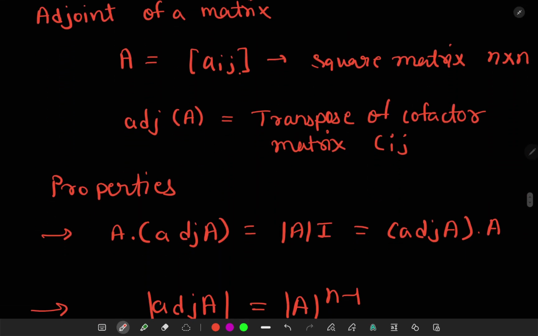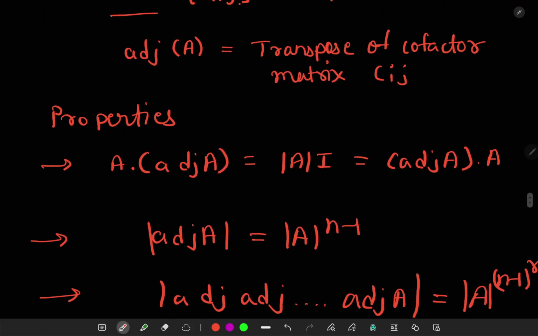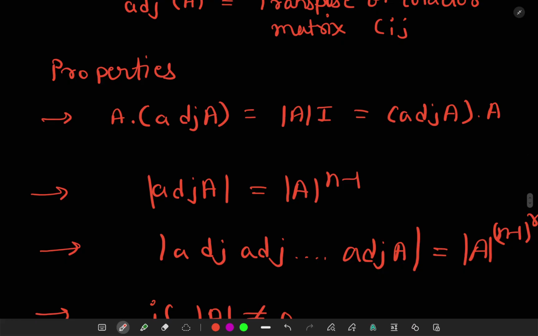Now, adjoint of a matrix. A is a square matrix of order n into n, then its adjoint is equal to the transpose of the cofactor matrix Cij. Now, the properties.